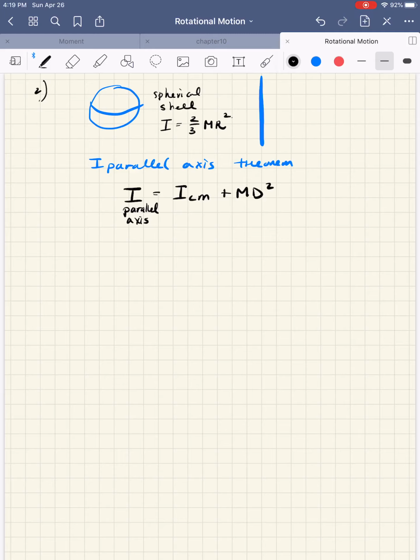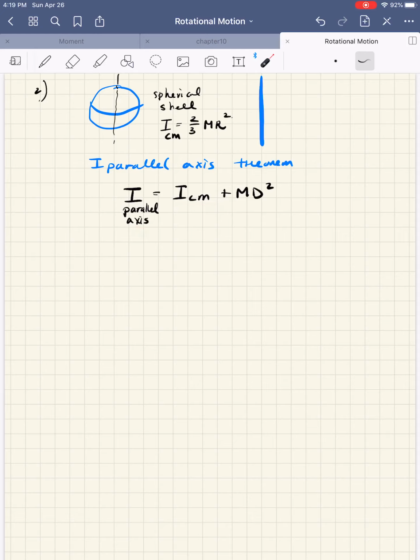So for example, I know the center of mass moment of inertia for the spherical shell is 2/3 mr squared. So again, when the axis of rotation is here through the center of mass of the shell, I know the moment of inertia. But if it's rotating around this point, I can find it as long as I'm looking around an axis parallel to the center of mass.